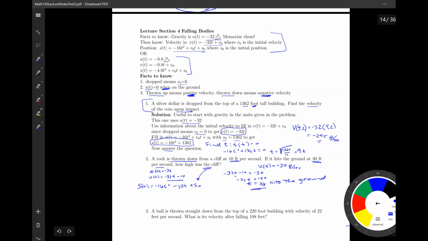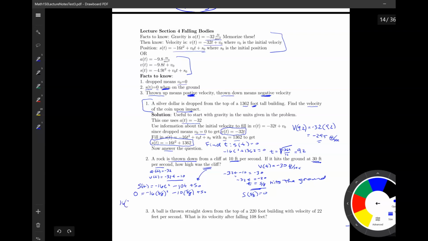So I know it hits the ground at 5/8 seconds, so that means s of 5/8 is equal to 0. So I'm going to set it equal to 0 and substitute in 5/8 for t. And then I'm going to solve for s sub 0. So I'm going to move everything to this side.